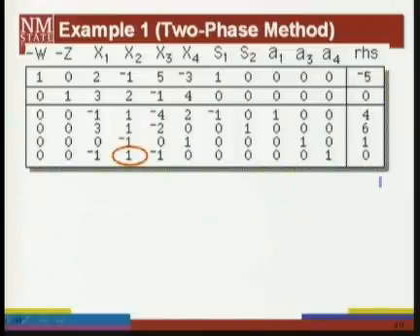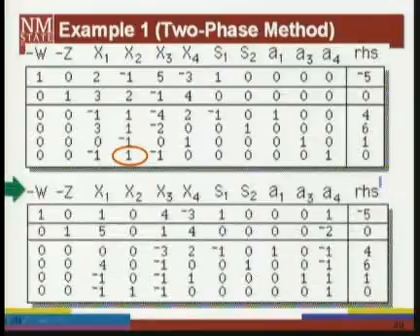And because we are minimizing W, we select x2 or x4 to enter the basis. And then let's arbitrarily select x2 to enter the basis. And note that the minimum ratio test is 0 in the last row. Okay?